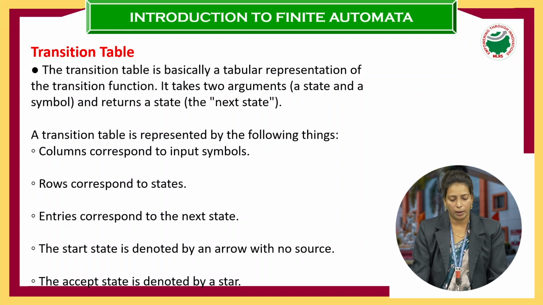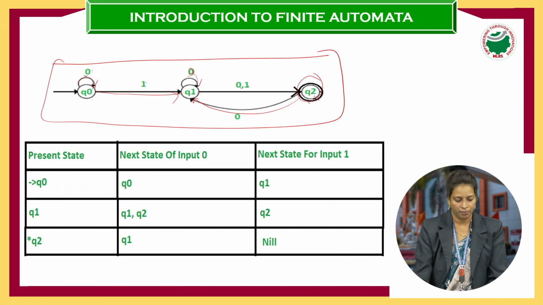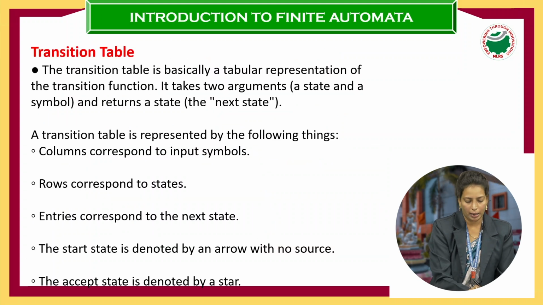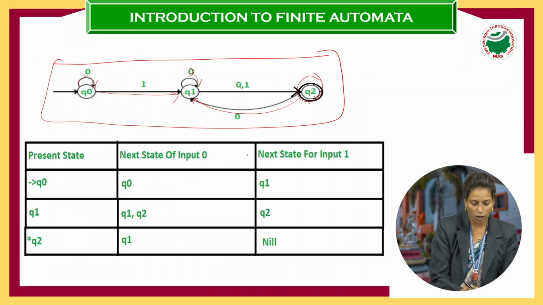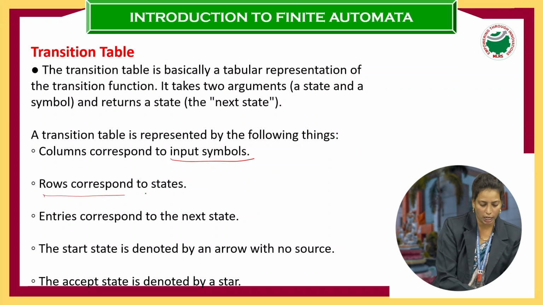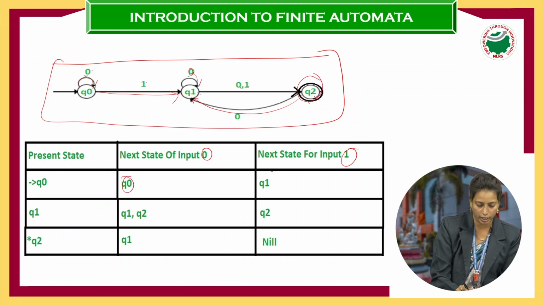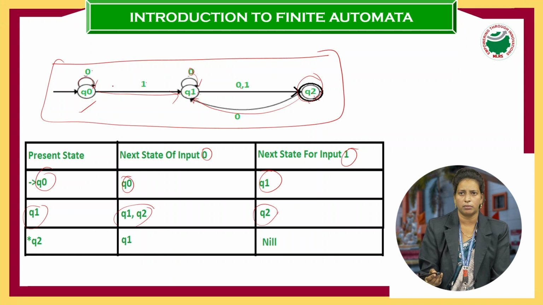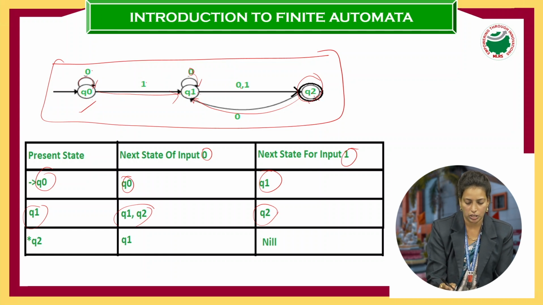In the transition table, columns correspond to input symbols, and rows correspond to states.